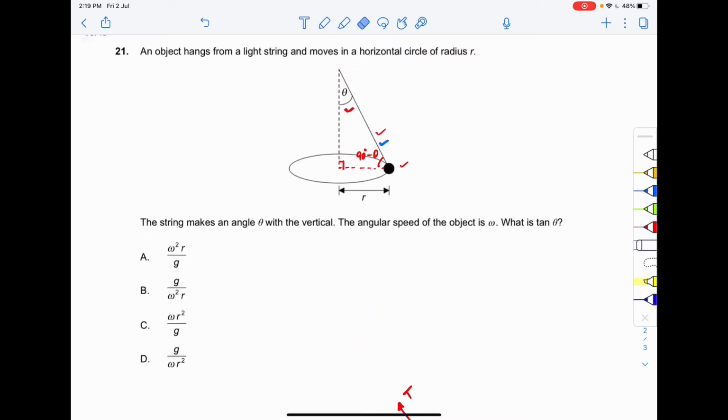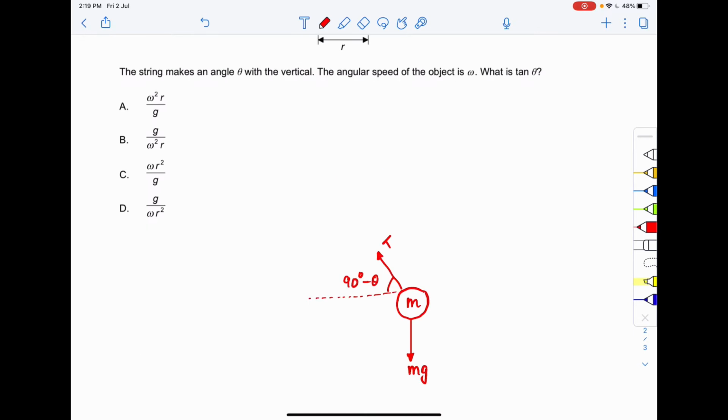Over here the object is moving in a horizontal circle of radius r and the angular speed of the object is omega. So the centrifugal force will be m omega square r, where r is the radius of the circle. The centrifugal force always acts away from the center.